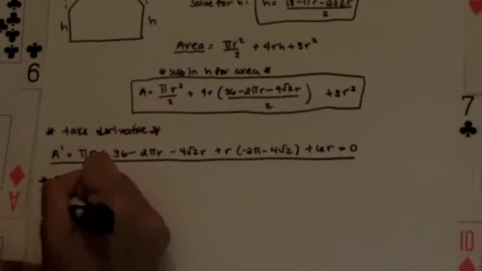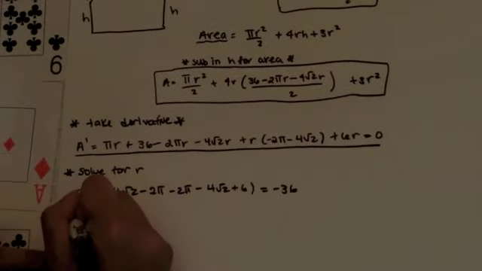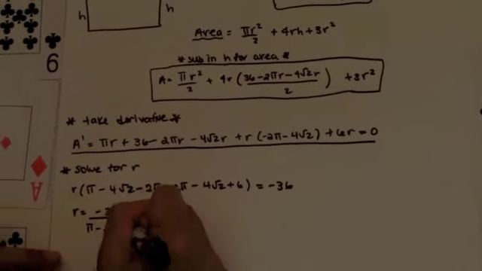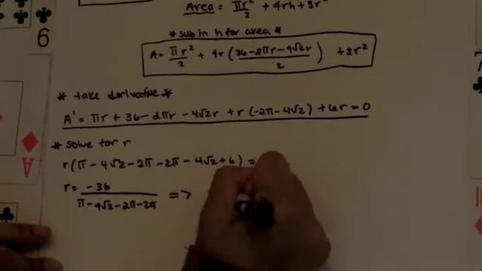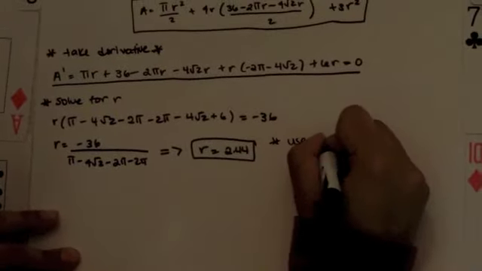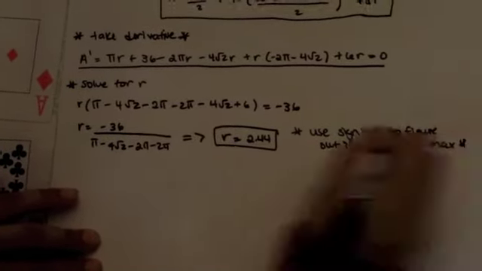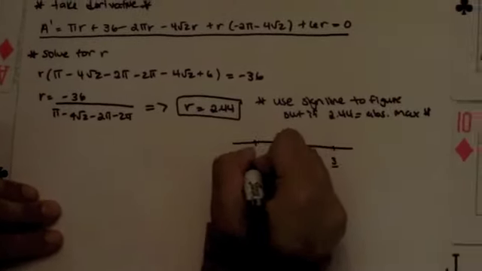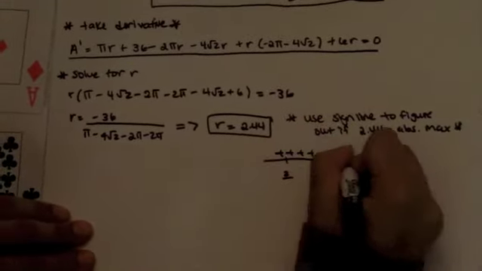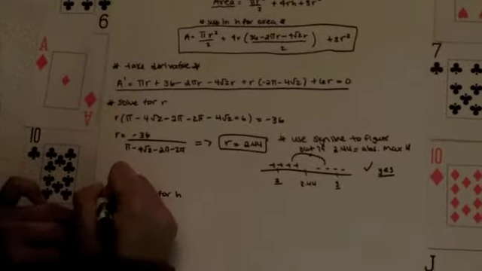After we found the derivative, we must now solve for r. Now we figured out that r is equal to 2.44, but we must prove that it is the absolute maximum by plugging it into a sign line. Now we know that it is a maximum.